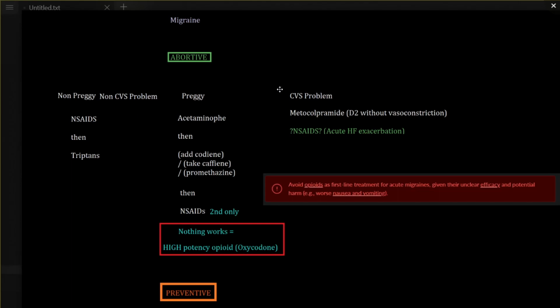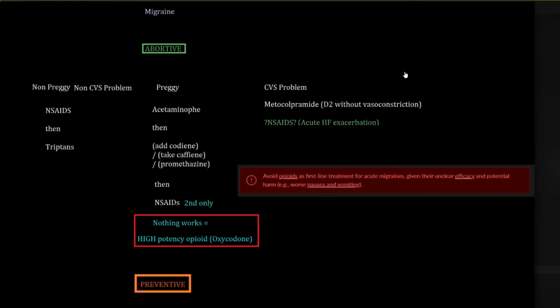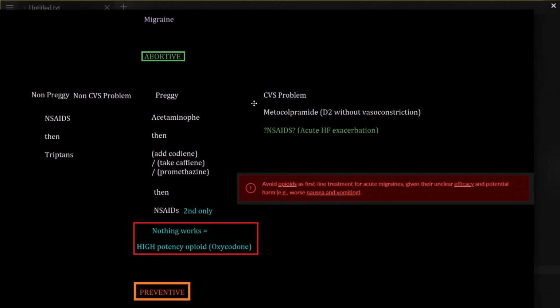So, in patients who have cardiovascular problems, as I said previously, this is not a comprehensive algorithm, but only notes taken from different questions, whether they dealt with the problem or not. This is not the main issue here. What I found is that in patients who have cardiovascular problems, the thing you want to pay attention to is that you do not want to give them triptans.